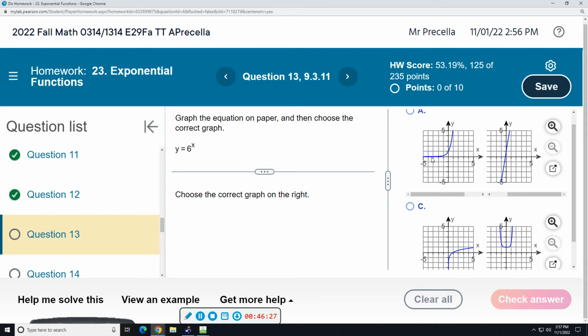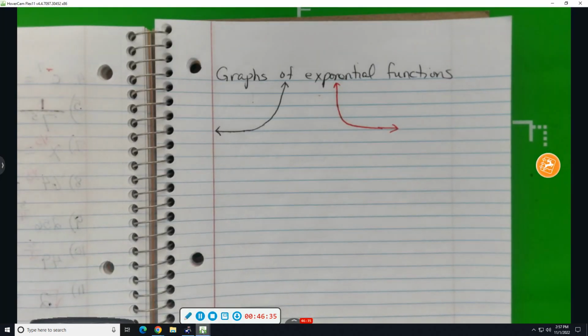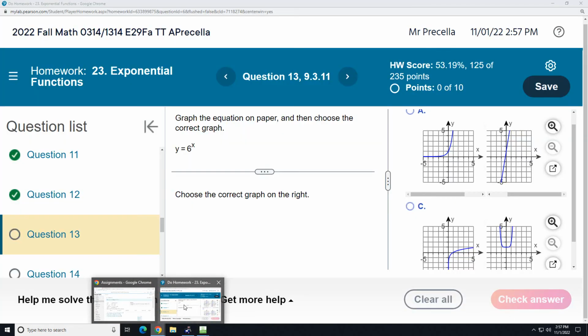If you're going to guess, it's got to be A, but we don't have to guess, fortunately. Okay, so this is problem 13. We're graphing y equals 6 to the x power.